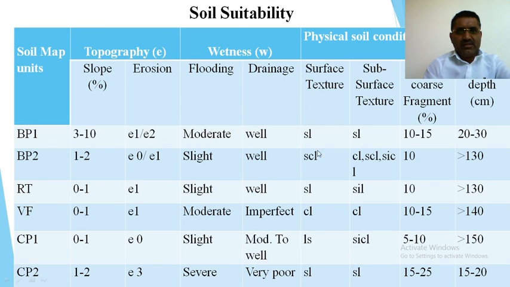Again surface and subsurface texture is also used over here. Surface coarse fragment percentage 10 to 15, 10 to 15, 10, 10, 10 to 15, 5 to 10, 15 to 25, and soil depth is also shown over here.